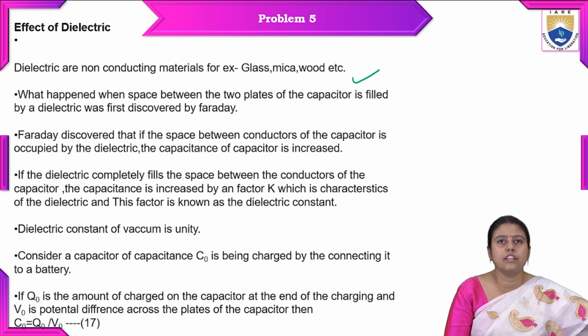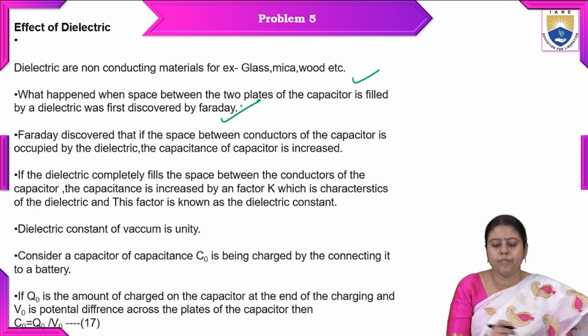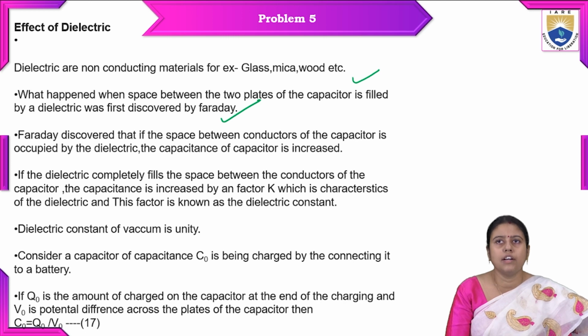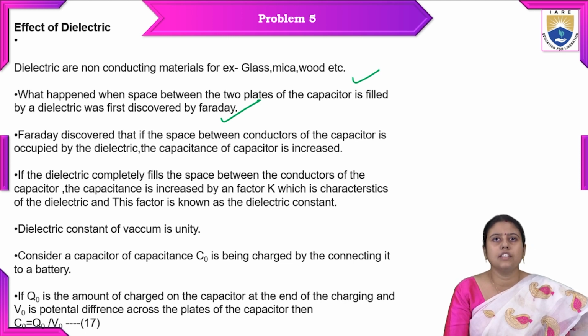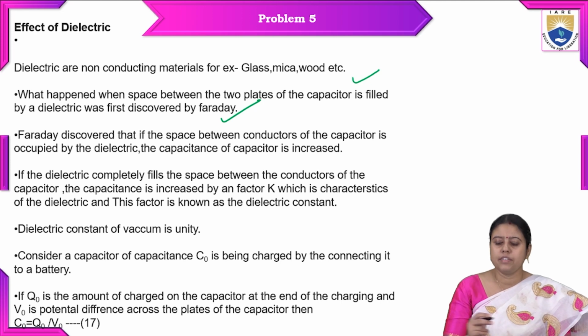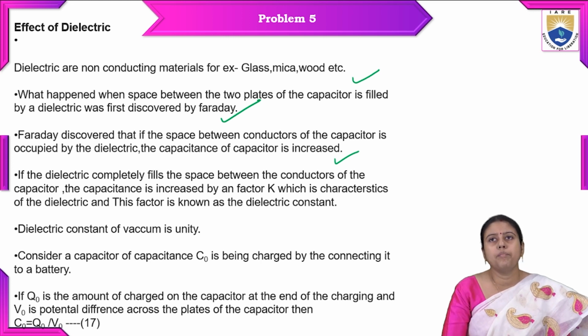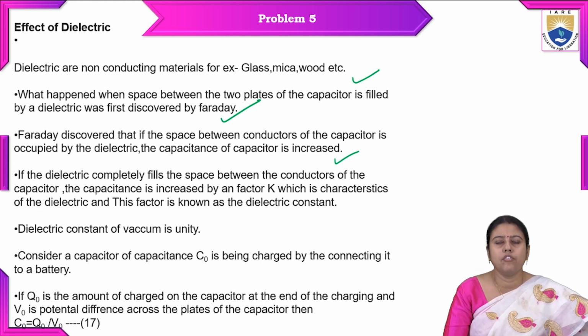It was first discovered by Michael Faraday. Faraday discovered that if the space between the conductors of a capacitor is occupied by a dielectric, the capacitance of the capacitor will increase. If it is free space, the capacitance will be lower, but if it is filled with a dielectric, the value of the capacitance will increase.